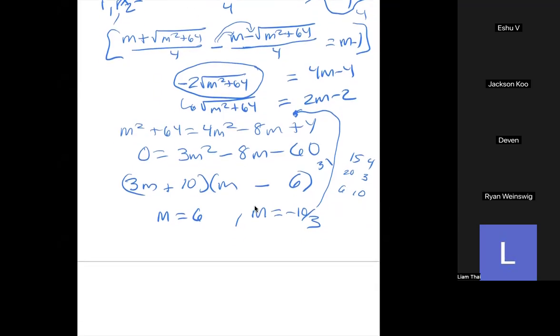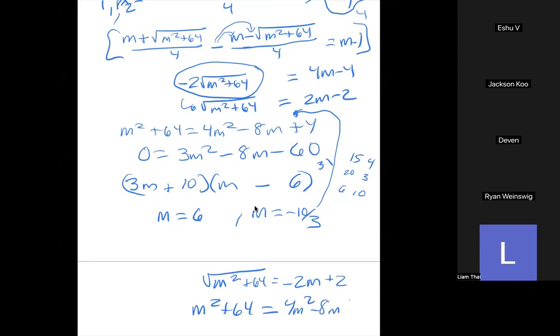So if you divide it by -2, you mean if you have m squared plus 64 and you get negative 2m plus 2, right? Yeah. So now if you square both sides, m squared plus 64 equals 4m squared minus 8m plus 4 still.